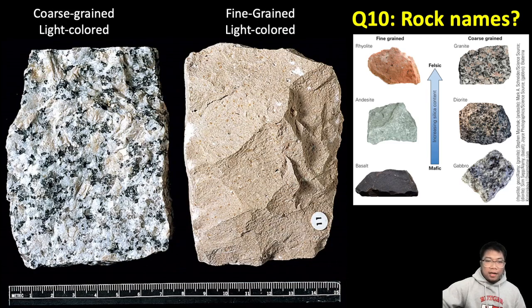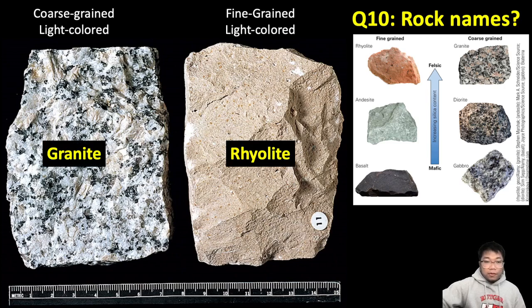The next one: coarse grain on the left, light colored, and on the right fine grain with light color. Again, what are the names of the rocks? For those of you who answered granite for the left one and rhyolite for the right one, you are correct.